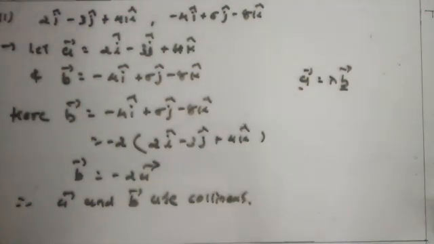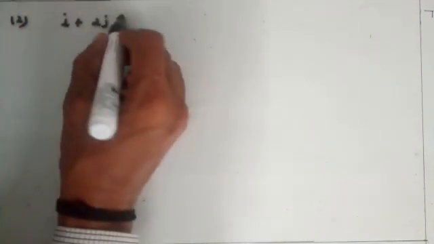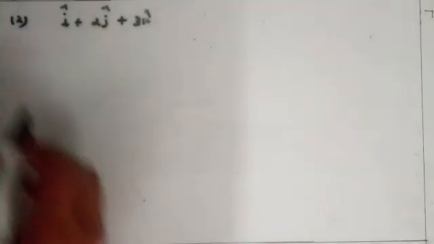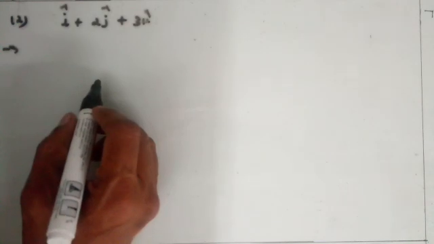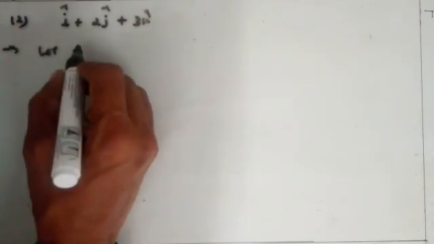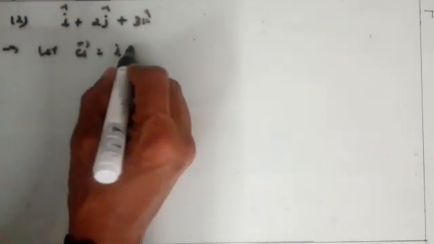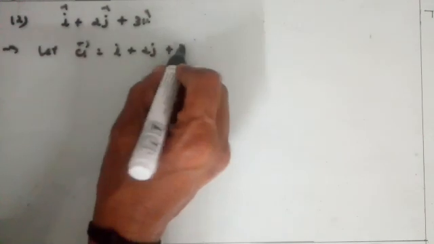Now next, number 12. Find the direction cosines of vector i plus 2j plus 3k. First denote the given vector by A. Let vector A is equal to i plus 2j plus 3k.